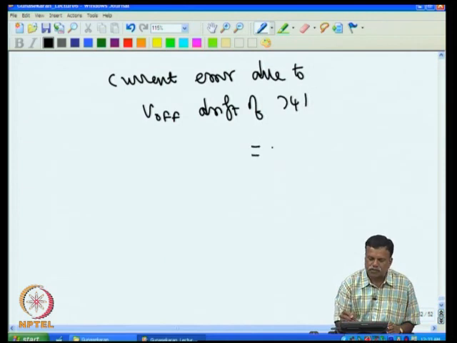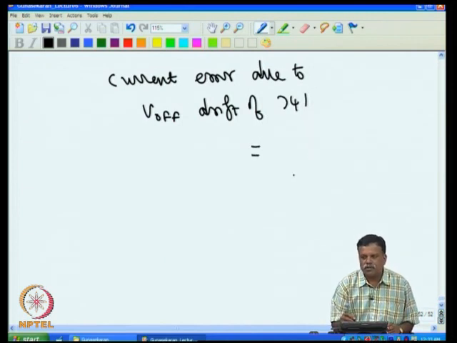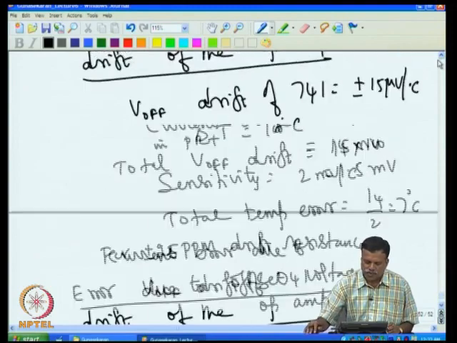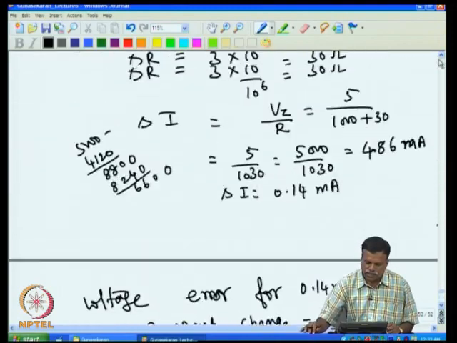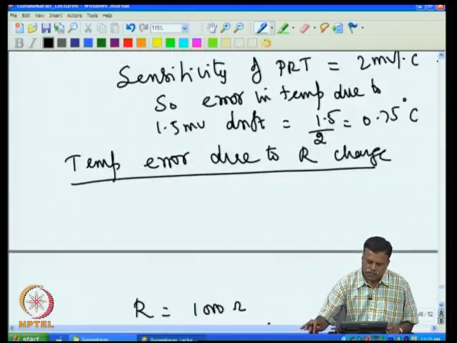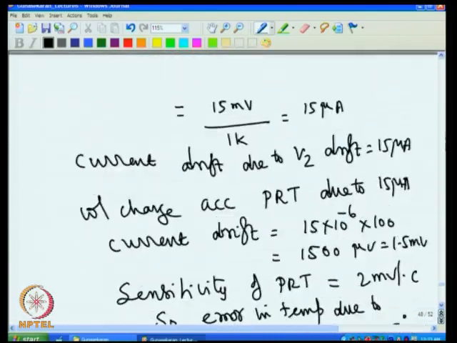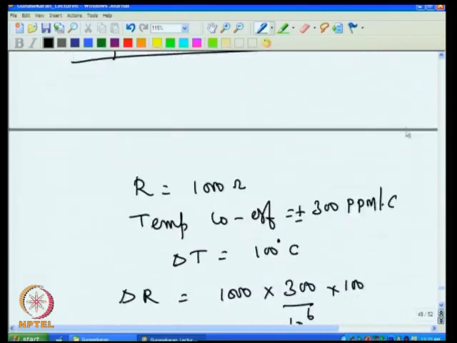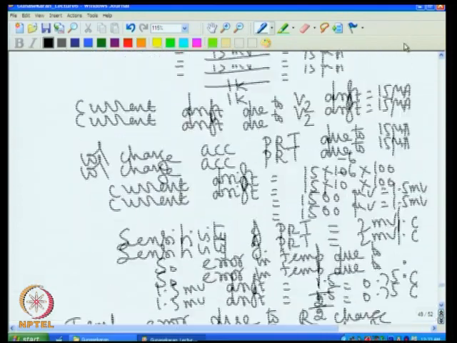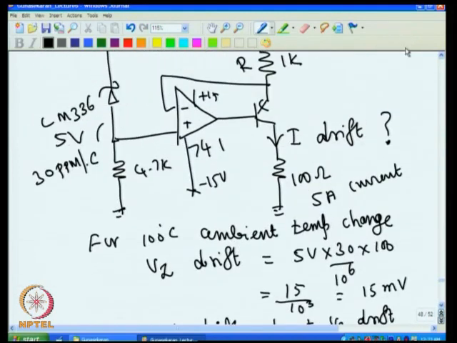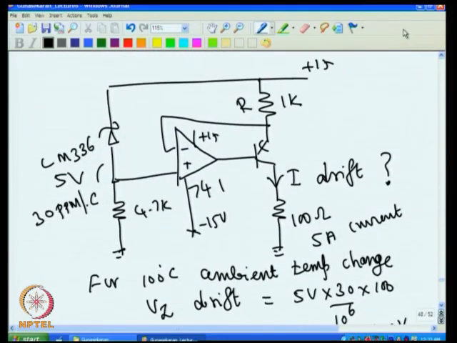Because a 1.5 millivolt drift in the offset voltage will be equal to a 1.5 millivolt drift in the resistance R. If we take the circuit here, a 1.5 millivolt drift in the offset means I have to add plus or minus 1.5 millivolt here.